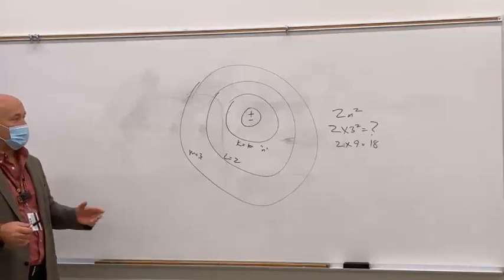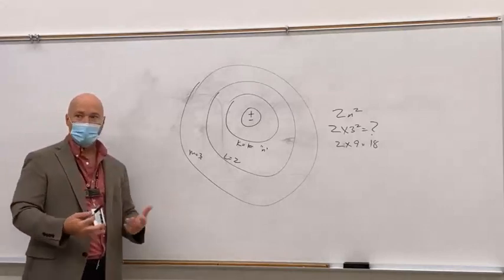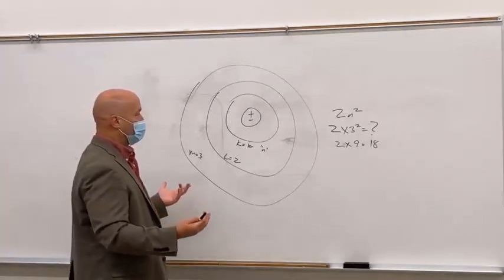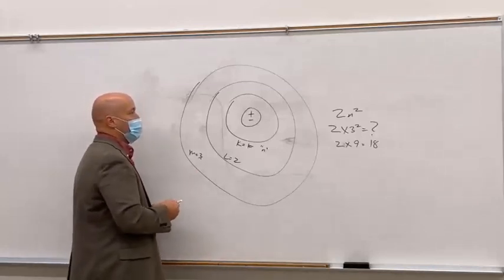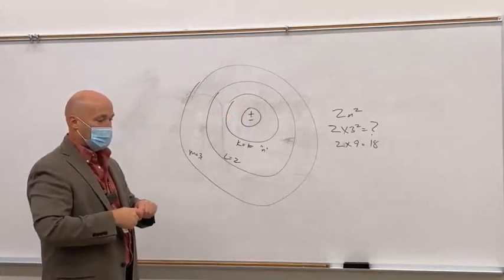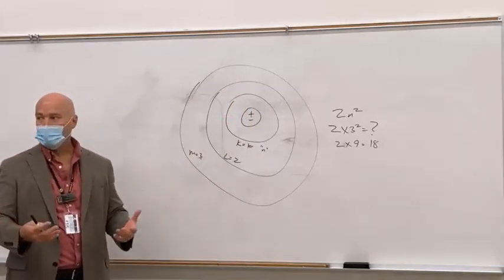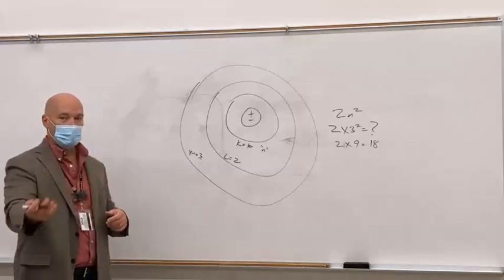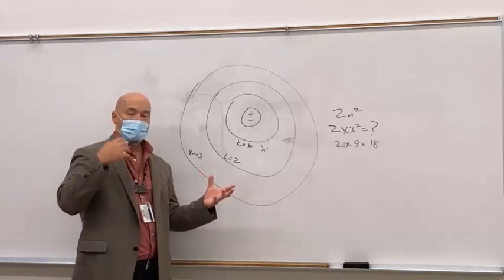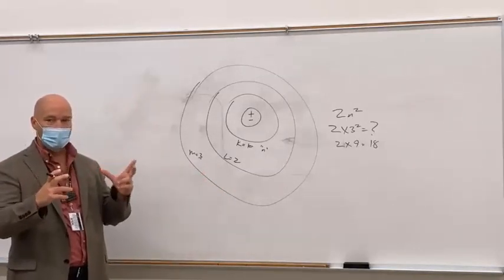A couple of things also about the shells: the binding energies are really proportional to two things. One is the size of the nucleus. Remember, we used the solar system as an example, and the planets closest to the sun had a more circular orbit because they had a very strong gravitational pull.